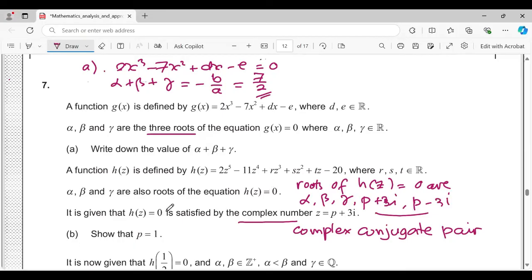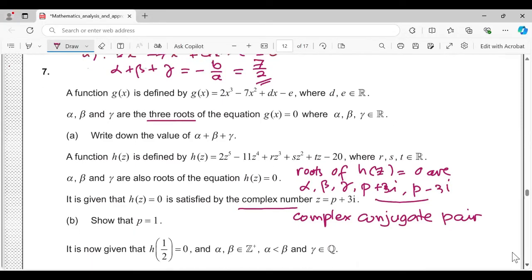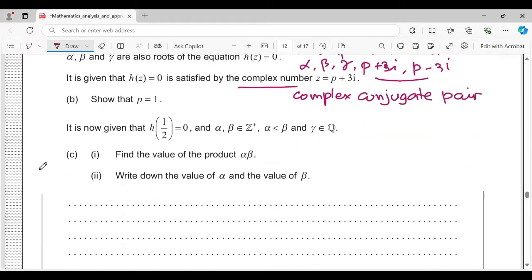Now we show that p equals 1. We are going to prove that p equals 1. According to Vieta's theorem, the sum of the roots, alpha plus beta plus gamma plus p plus 3i plus p minus 3i, equals minus b over a.